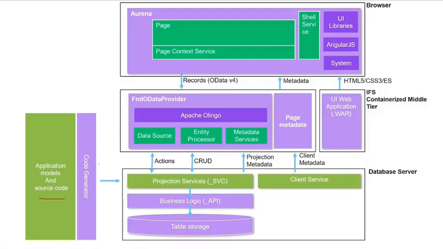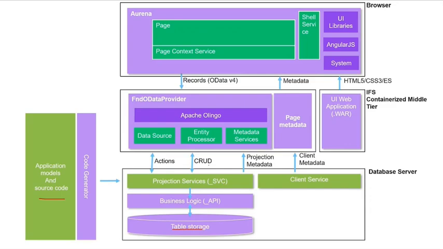It will go through the code generator and be saved to the database server. When we look at that, there will be a package, and through that package we might access business logic as well, the API packages. And from the API packages, we are accessing the table storages.